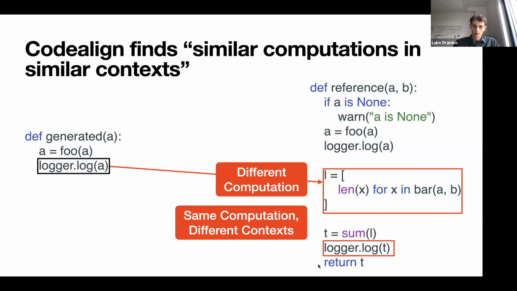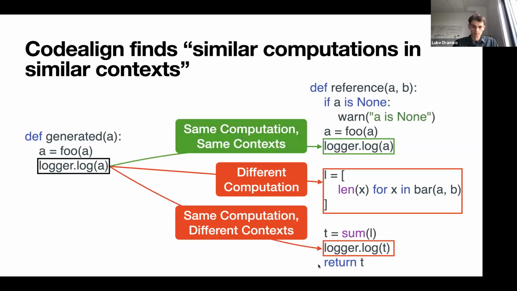Now, if you take, where's the arrow? Well, you get a bit of a spoiler for the next animation. If you have the second lower logging statement, the one in red, you have the same computation, but it exists in a different context. So they're both logging things, but they're logging different things.